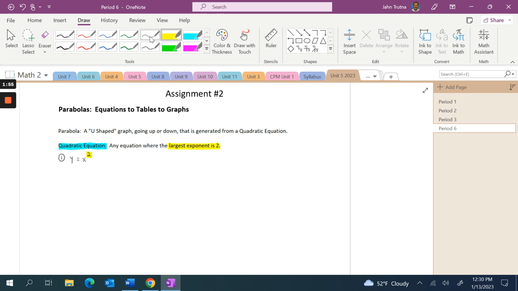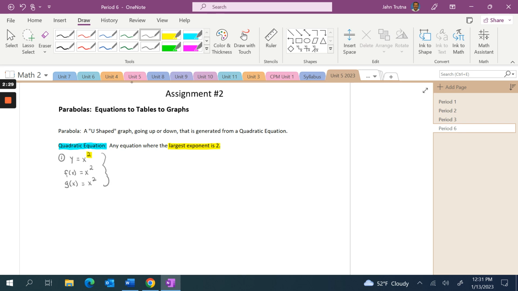Now, there's one thing that I do need to point out to you. Sometimes, instead of the variable y, you will see a representation as something like f parentheses x, or you might see a representation like g parentheses x equals, say, x squared. Now, all 3 of these equations mean the same thing, okay?